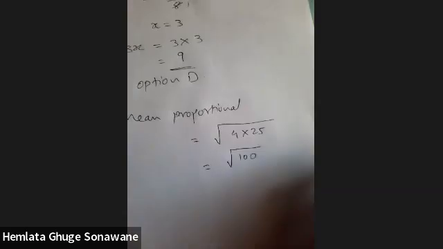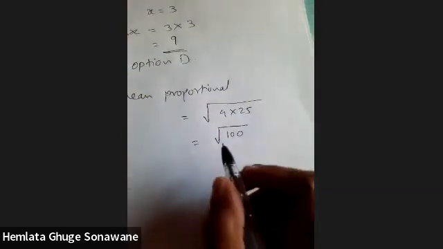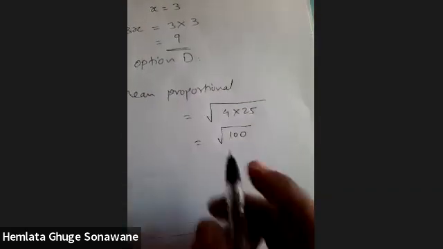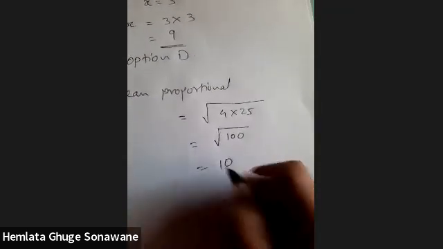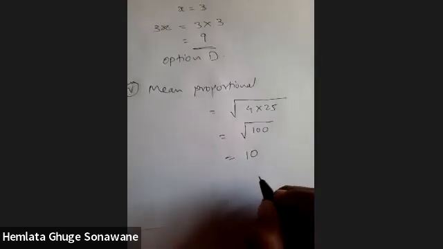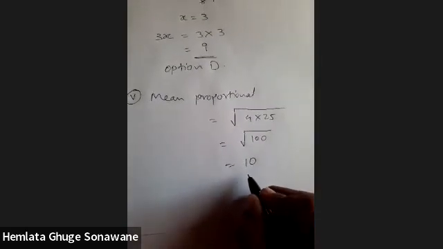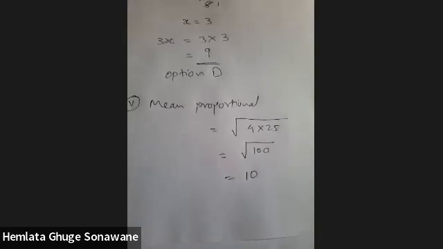25 4s are 100. And square root of 100 is 10. So mean proportional of 4 and 25 is 10. We have to check the options.